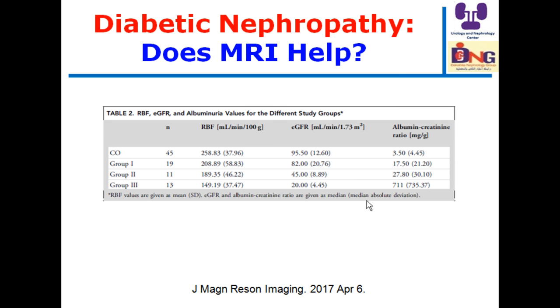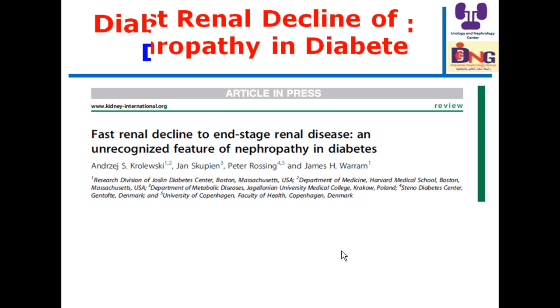And the more the GFR worsens, the more the renal blood flow is reduced. So this means that we can diagnose the reduction of renal blood flow in the early phases of silent diabetic nephropathy, and the role is even more manifest with advanced chronic kidney disease.